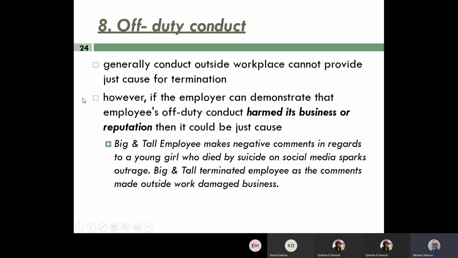So, a Big and Tall employee makes a negative comment regarding a young girl who died by suicide on social media, sparking outrage. Big and Tall, which is a very large retailer, terminated the employee as a comment made outside work damaged the business.